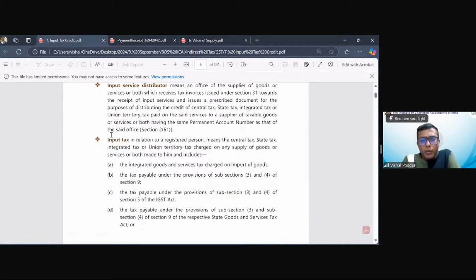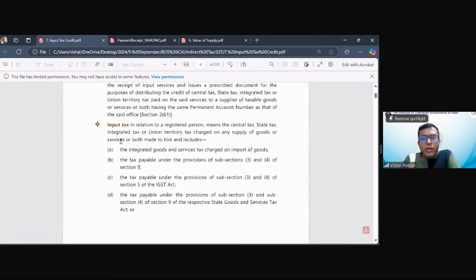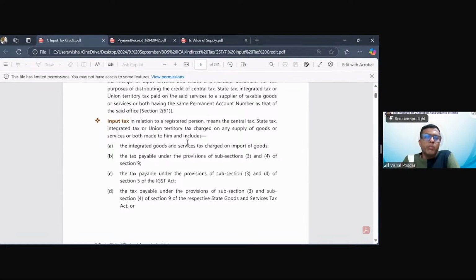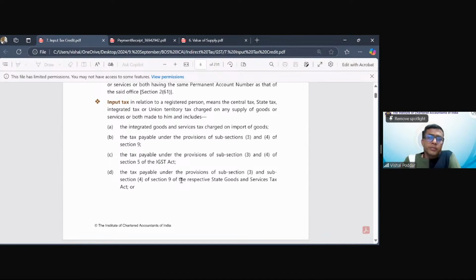Fine. Now, what is the definition of input tax? As I said, the taxes that you are paying on the input side. But which taxes? The answer is only GST taxes. So what they have said: in relation to a registered person, it means the central tax, state tax, integrated tax, UT tax, which is charged on supply of goods, service or both made to him, and includes all these taxes which he himself is paying under the RCM mechanism.